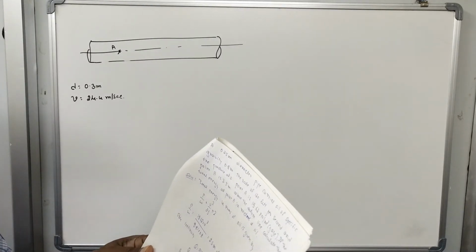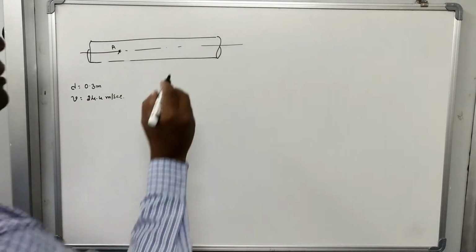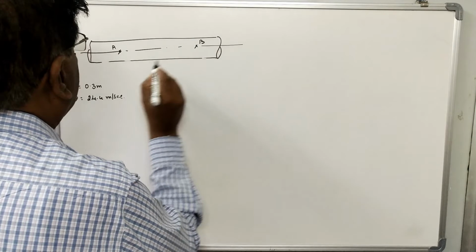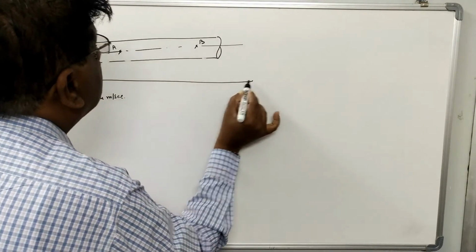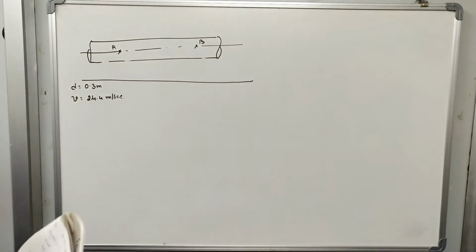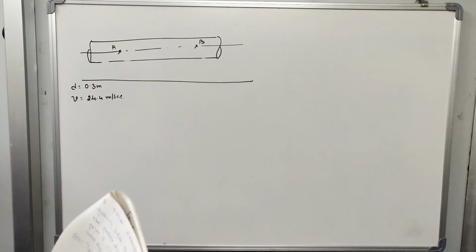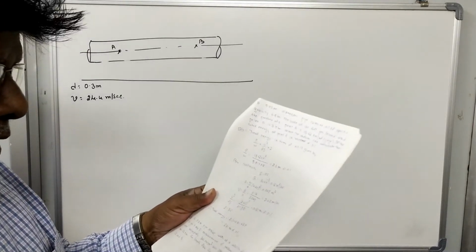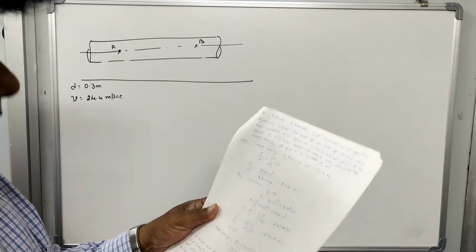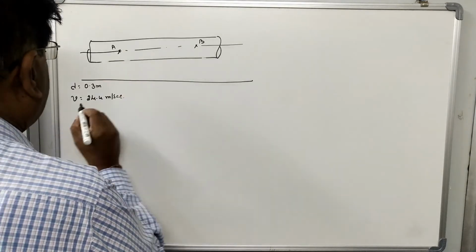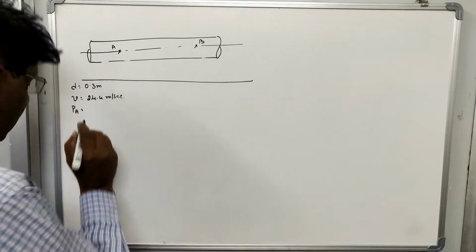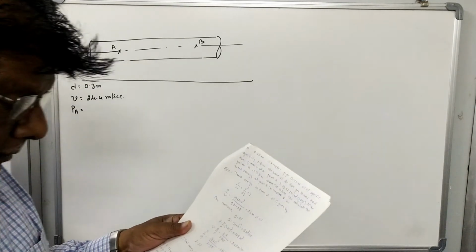At points A and B, measurements of pressure and elevation were taken. So there are 2 points, A and B. I will read the problem, but first we will write the given data.